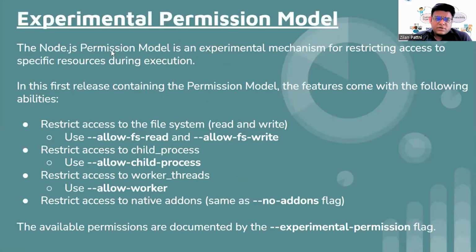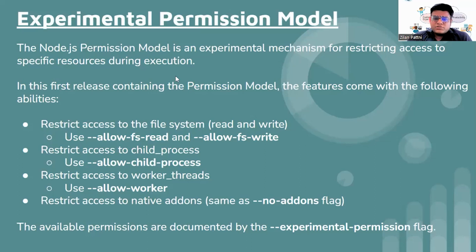So the first one is the experimental permission model. This is a new feature introduced by Node.js in the latest version. The Node.js permission model is an experimental mechanism for restricting access to specific resources during execution.